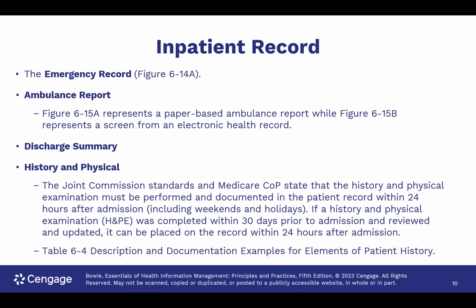They do the history and physical, they work the patient up like a month before, and then schedule a patient for a hip replacement, bypass surgery, or what have you. Well, you can do that, and the history and physical still counts, but you have to review and update it and put it in the electronic health record within 24 hours after admission. And you can see a description and some examples of those documents on the patient history in table 6.4 in your text. So I'd strongly advise taking a look at that.